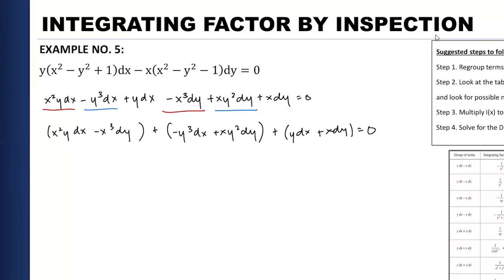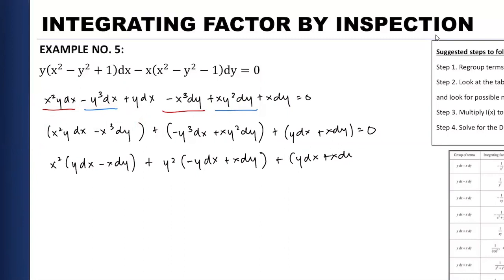Okay, here we can factor out x squared. So x squared, so y dx minus x dy plus, we can factor out y squared. So negative y dx plus x dy plus y dx plus x dy is equals to 0.